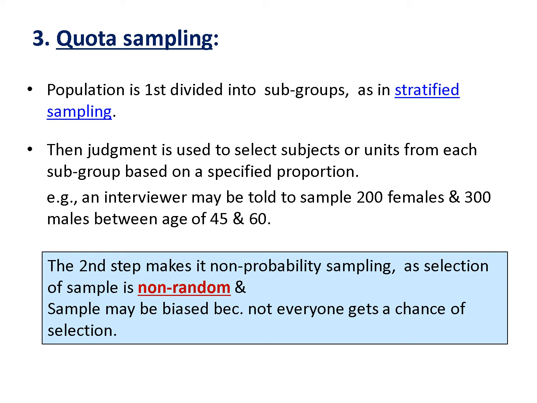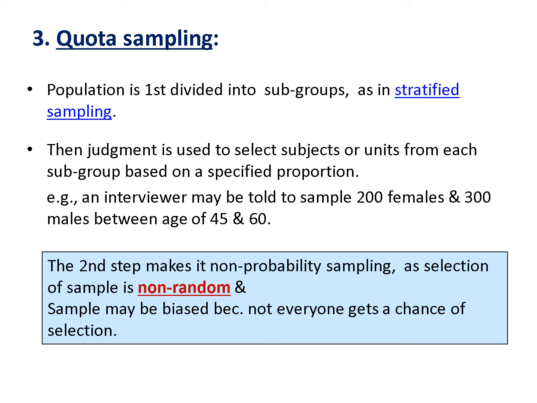The third one in non-probability sampling is quota sampling, in which a population is first divided into subgroups as in stratified sampling. Then judgment is used to select subjects or units from each subgroup based on the specified proportion. That's why the other name of quota sampling is judgment sampling.